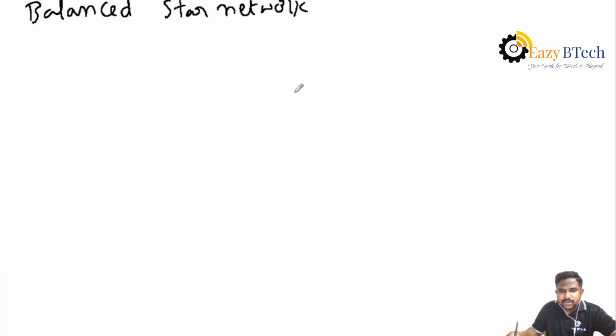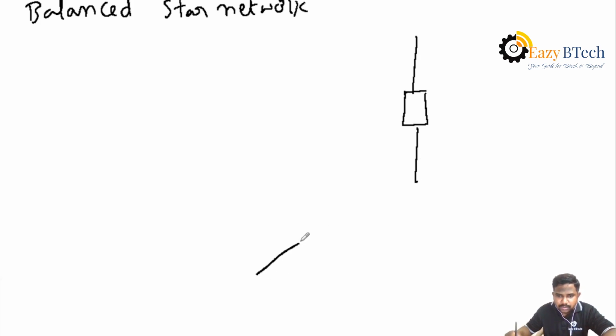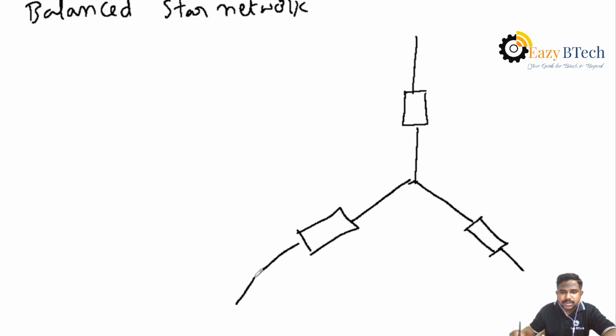We know the star connection here. Here we are considering the system is balanced. That means all the impedances in the star connection are equal. Okay, this is the star connection.